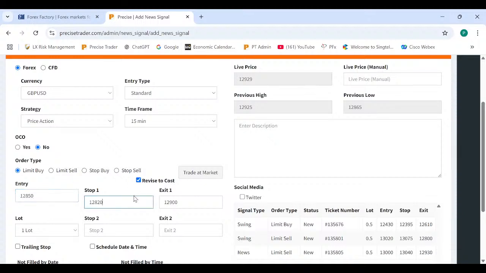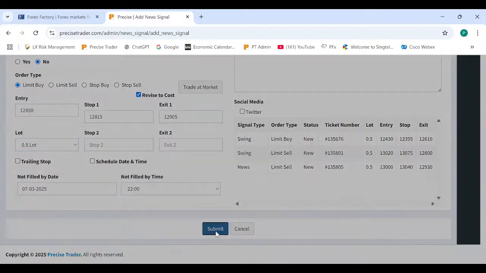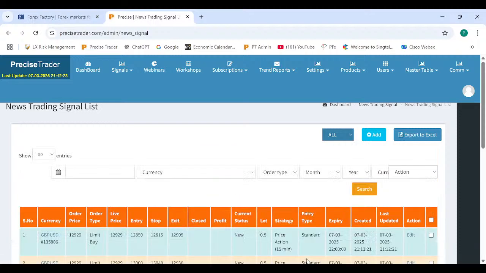Okay, 128.50, 15, and 129.05. Okay, this is also half lot, and this is 20. So what is going to happen is we will see which side the market is moving. Then after that we decide how we want to go with the trade and how we want to manage it.